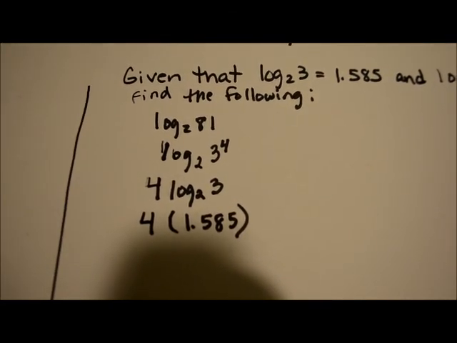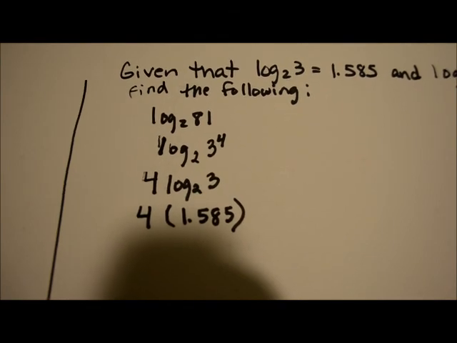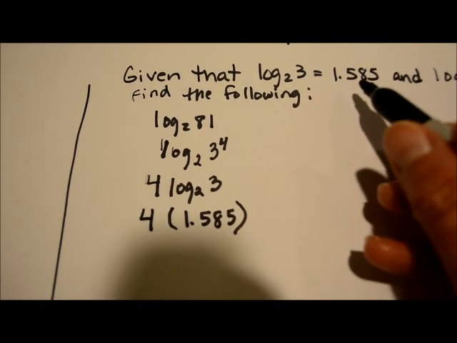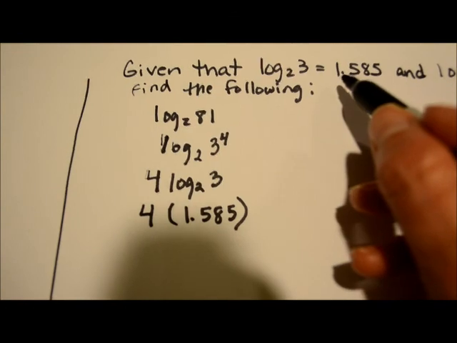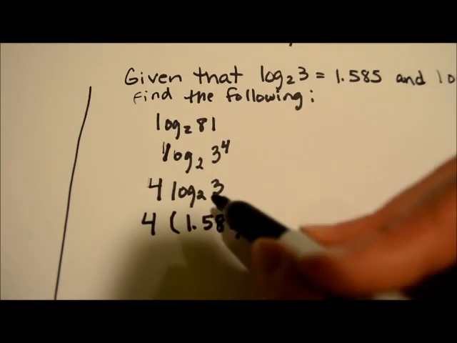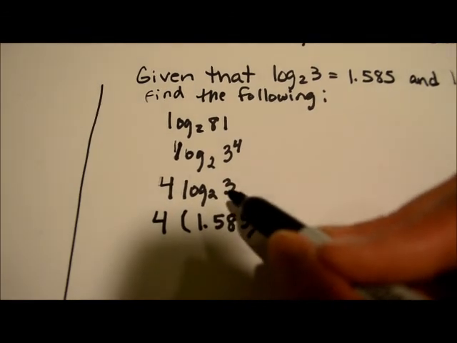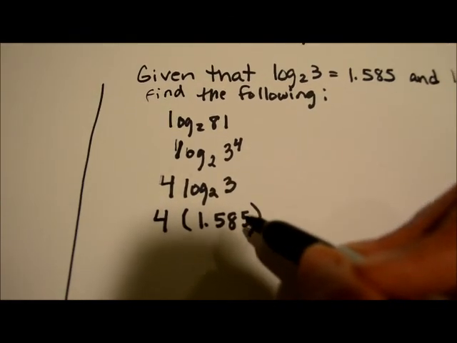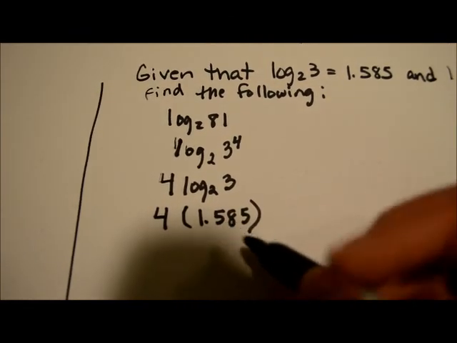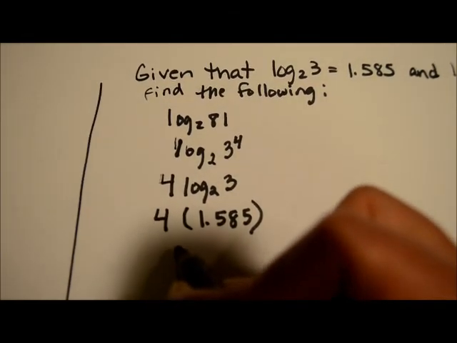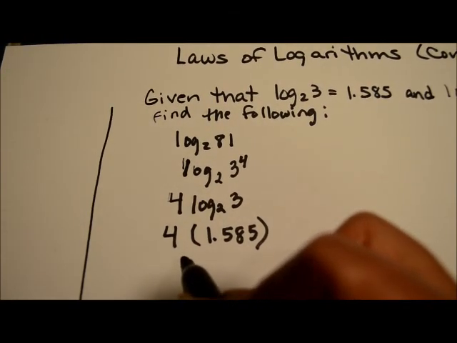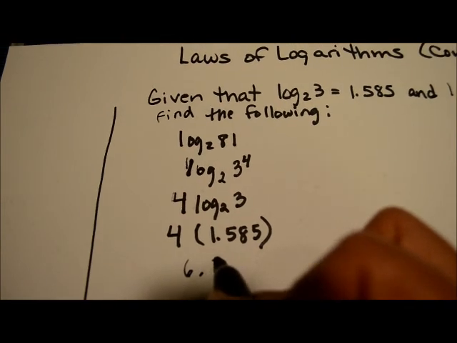Okay? So it's just substitution. Instead of log base 2 of 3, I put in 1.585, because log base 2 of 3 equals 1.585. And then I would just say 4 times 1.585 is my answer, which is 6.340.